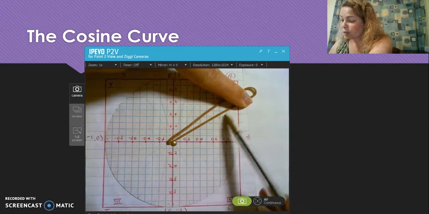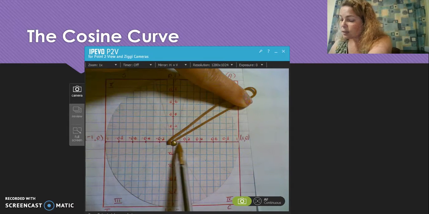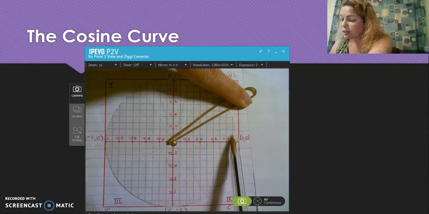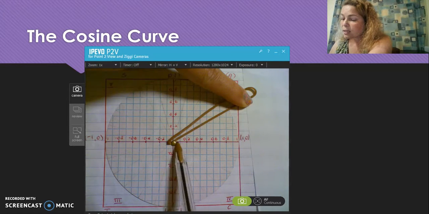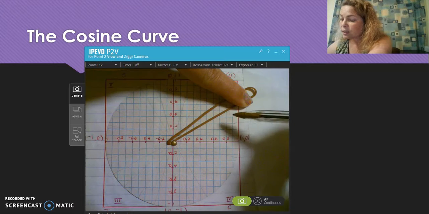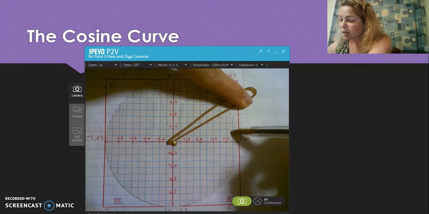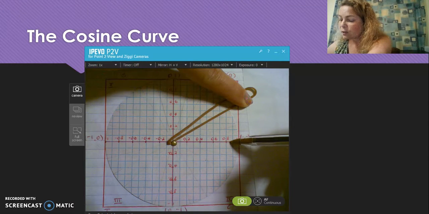So there we go, I'm at 30 degrees. And here is my right angled triangle, and I want to take my reading for my cosine by looking at the length along the x-axis. So I drop this down, and it means that my length along the x-axis for 30 degrees is around 0.85.